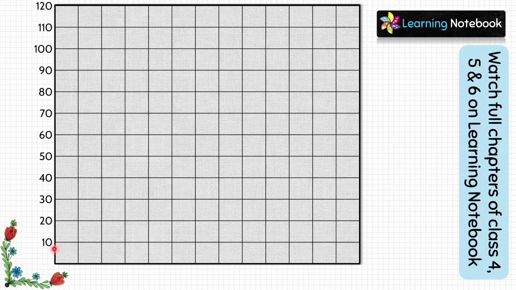And then write a title for what these numbers represent. They represent number of pens. Next, we have to write the title for horizontal line. This line represents color of pens.